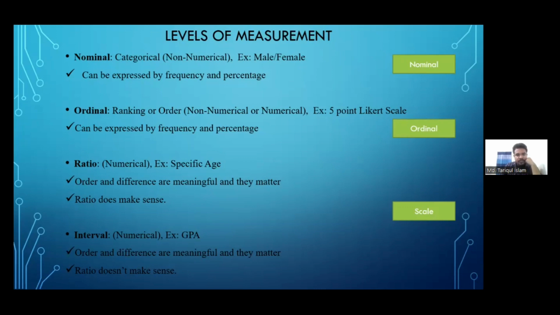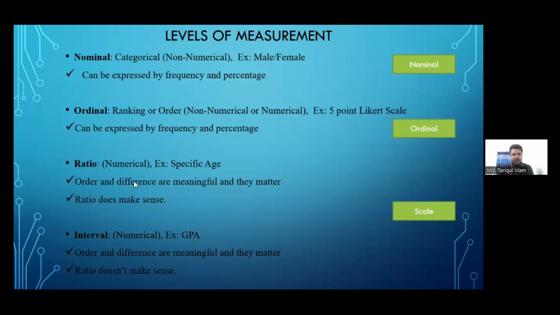And the third one is ratio. Ratio and interval, the fourth one, are purely numeric. An example of ratio can be a specific age. For example, a person is 10 years old, a person is 20 years old.